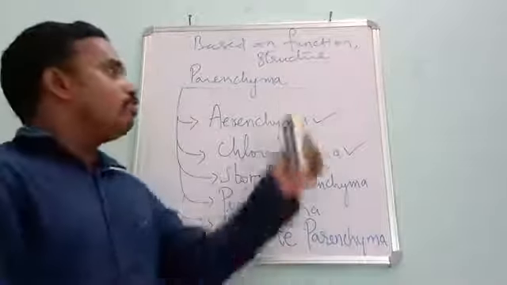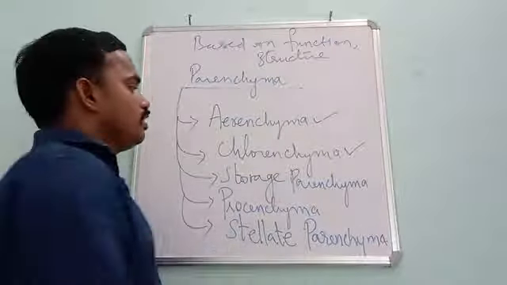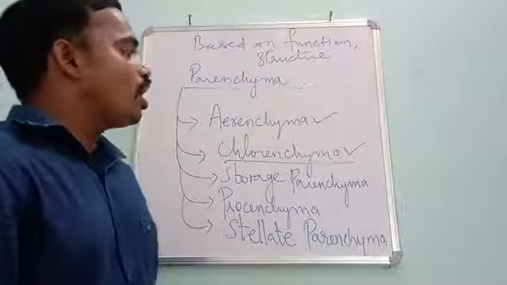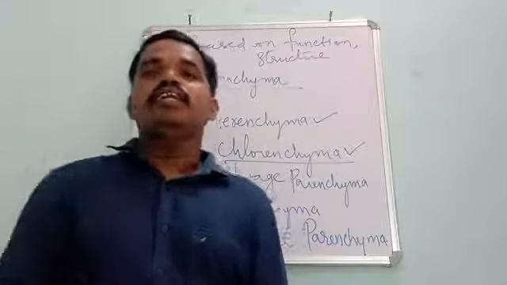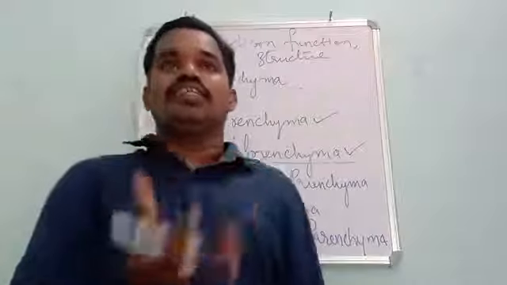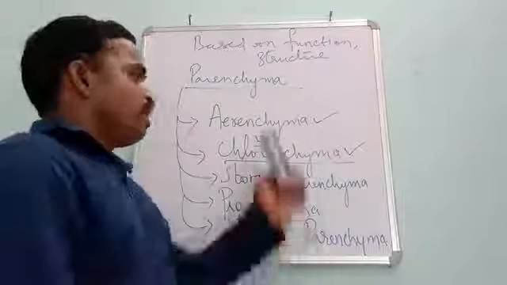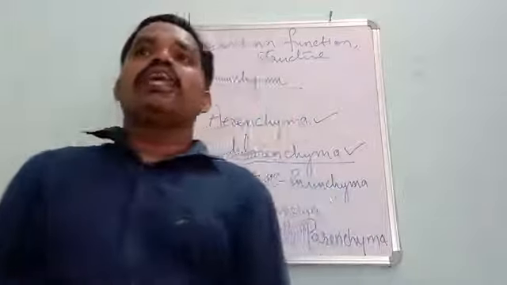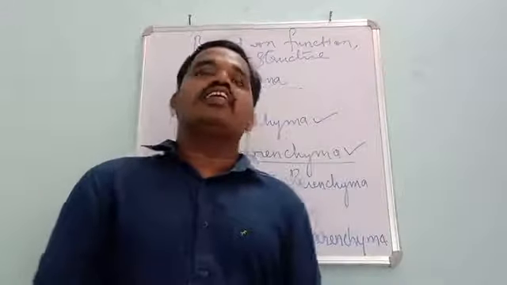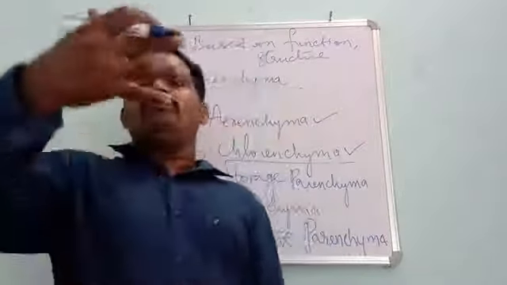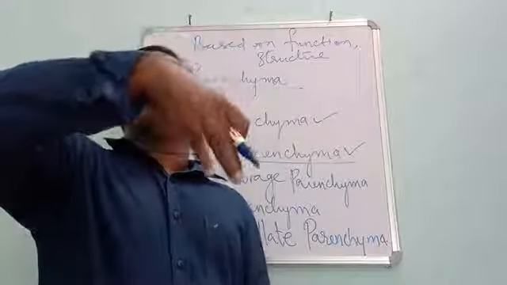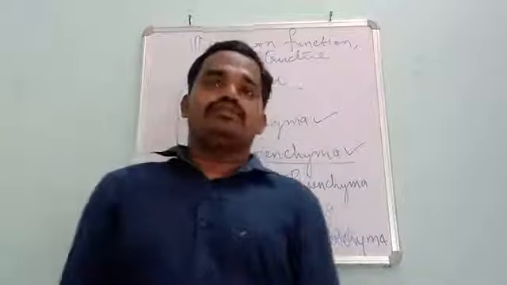Certain parenchymas are involved in photosynthesis. Certain parenchymas are involved in making the plant float on the water, buoyancy. We might have studied in physics thrust and pressure. When we submerge any object into the water, the object is repelled by the water.